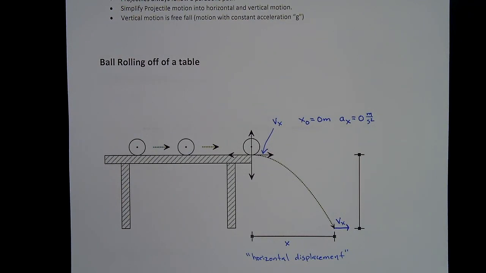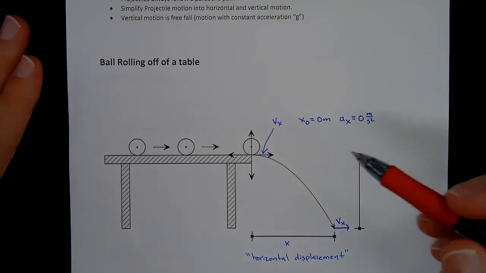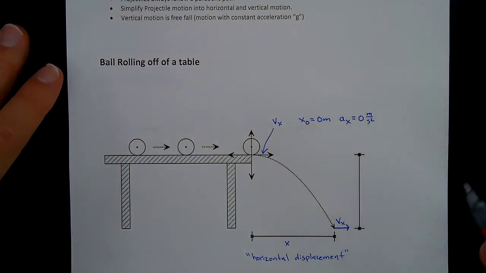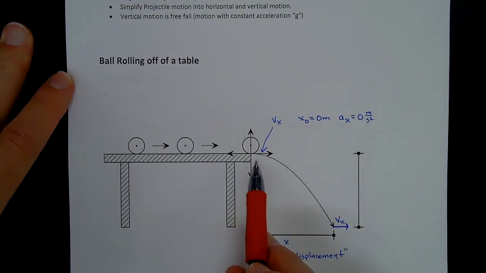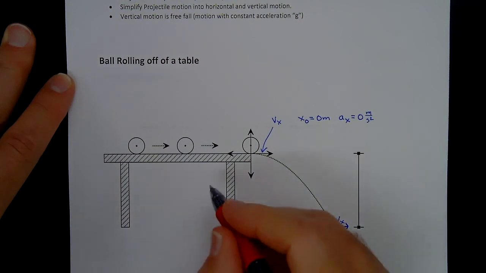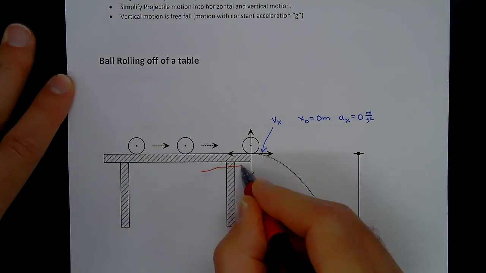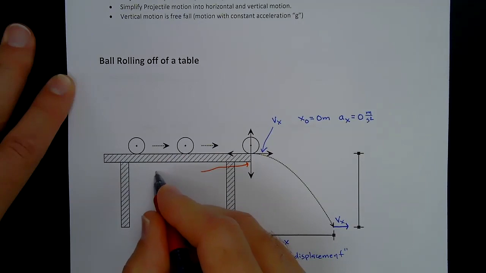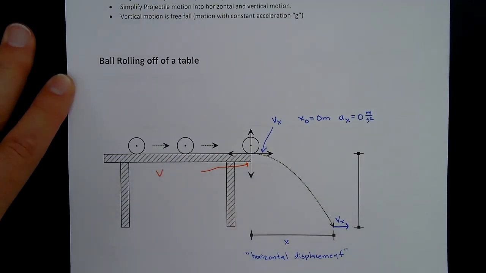Okay, so now let's talk about all the vertical pieces, okay? As you saw from the demo, this behaves just identically as if you just dropped it. So if you drop something, then it starts from rest, which means the initial velocity in the y direction is 0 meters per second. This is subscripts, okay?